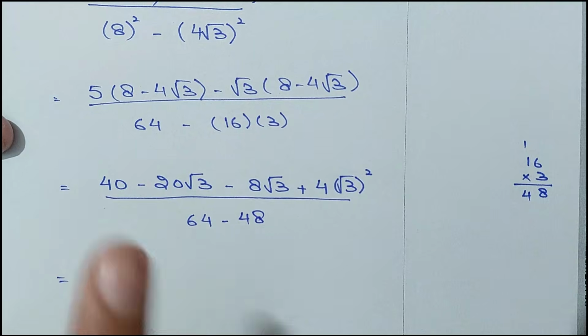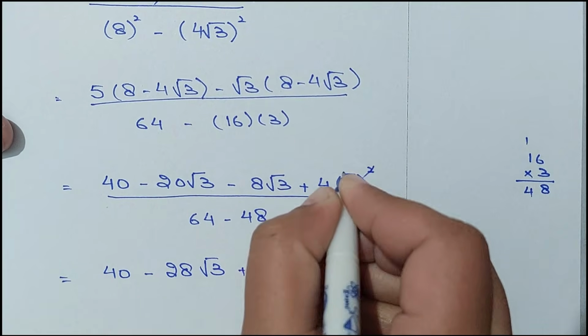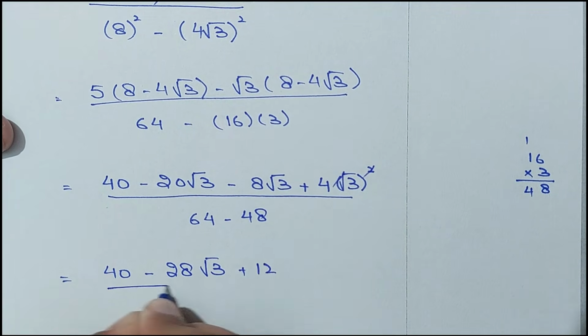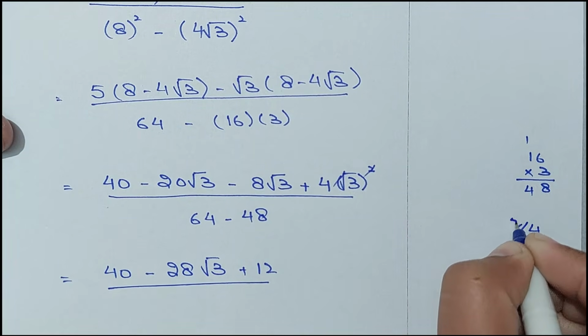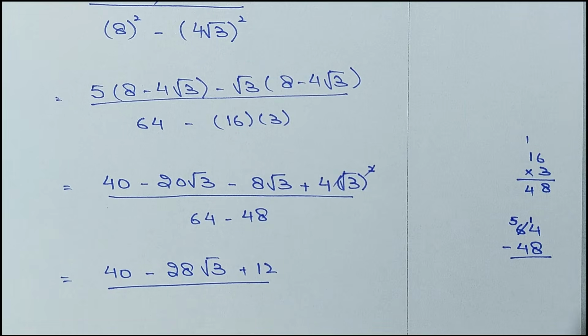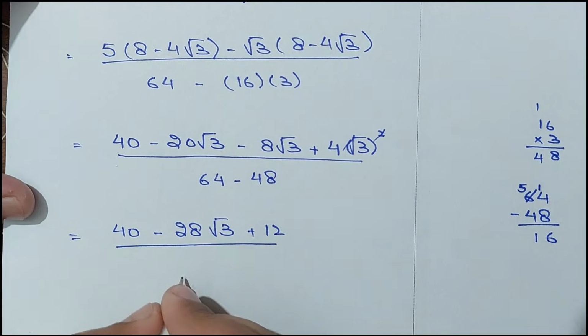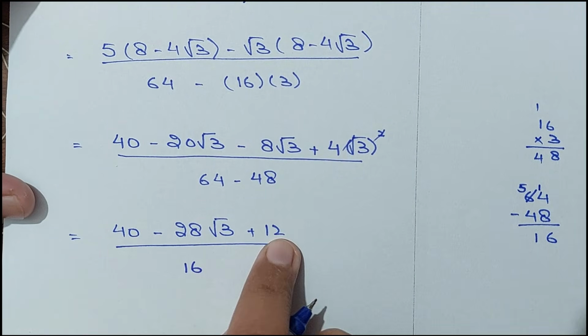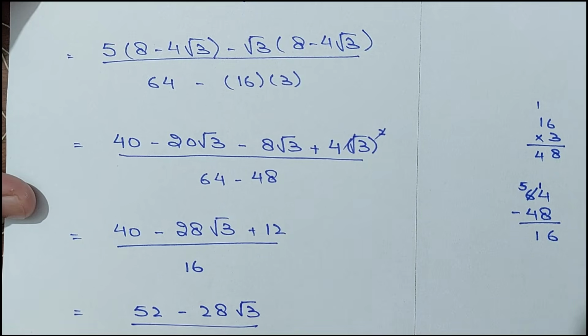The numerator would be 40 minus 20 root 3 minus 8 root 3, which is minus 28 root 3, plus the 12 from the other terms. The denominator is 64 take away 48, which is 16. 40 plus 12 is 52. So we have (52 minus 28 root 3) divided by 16.